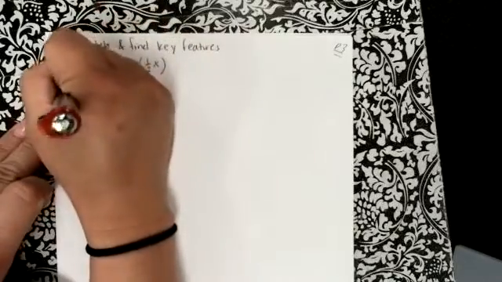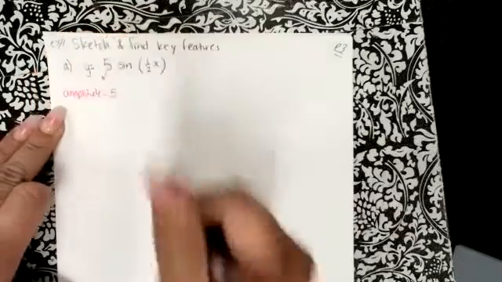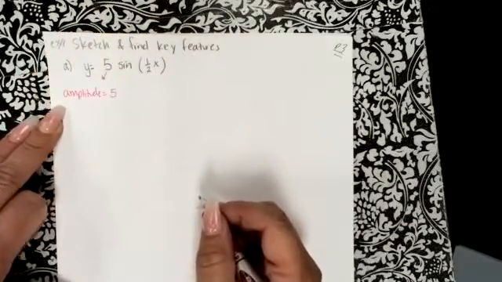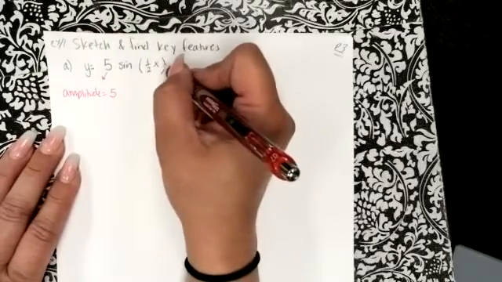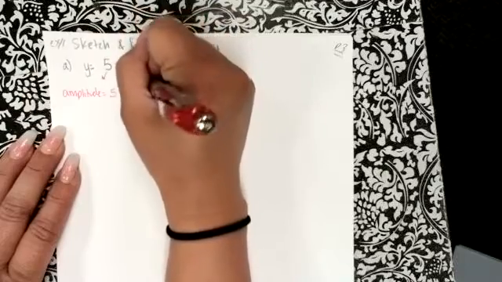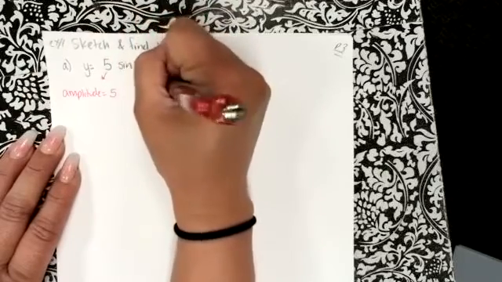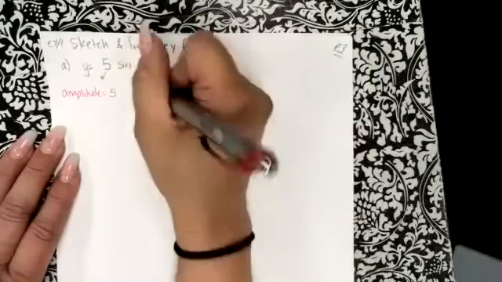That is the amplitude. So that means from the midline, I have to go 5 up and 5 down. And then between the trig and the variable, that's going to be the b term. So the b is equal to 1/2. Now that had to do with the period change.